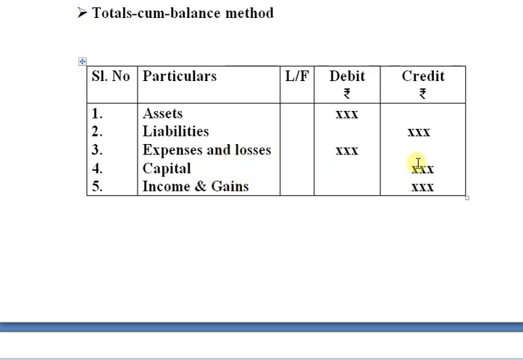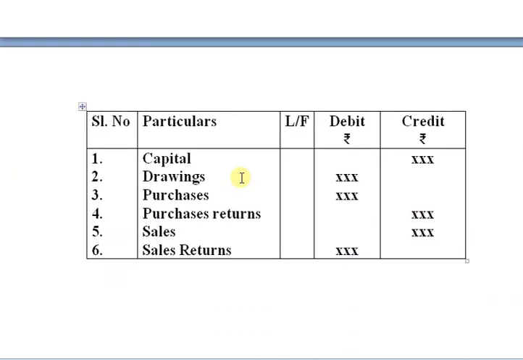Capital has a credit balance. Income and gains have a credit balance. Drawings, purchases and sales returns are under debit balance, while purchase returns and sales are under credit balance.